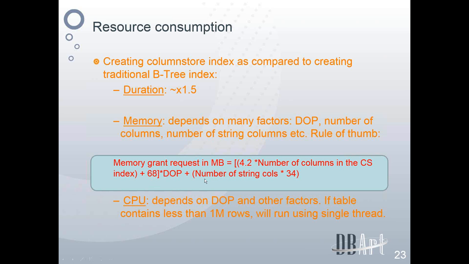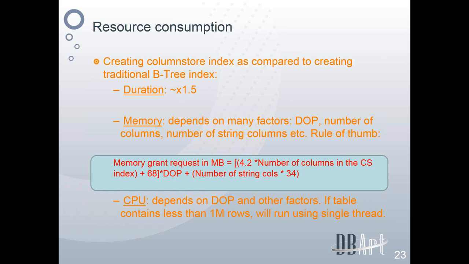Approximately, just take it as a rule of thumb, memory required for creating a Columnstore index is 4.2 multiplied by the number of columns in the Columnstore index, plus 68 multiplied by degree of parallelism, plus number of string columns multiplied by 34. That's the rule of thumb. In any particular case, it will be different, this way or that way. You can use it as an approximation.